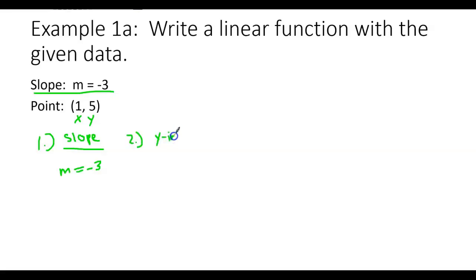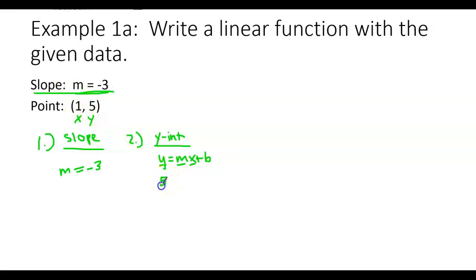Now, number 2, we need to find our y-intercept. And this is where most of our work is going to be for this particular problem. To find your y-intercept, you're going to take the slope-intercept equation, y equals mx plus b, and plug in something for y, m, and x so that you can find b. Well, we have all those things. My m is -3, my x is 1, and my y is 5.